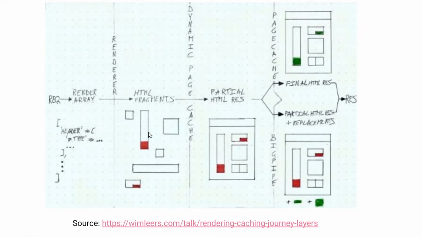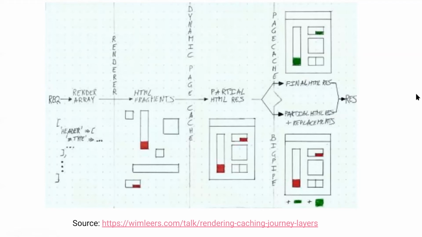That controller will return an array, and from that we'll form some fragments. This might be a block, this might be a link and other stuff. And the red stuff you see is the dynamic content. This particular block or region might have some dynamic content.